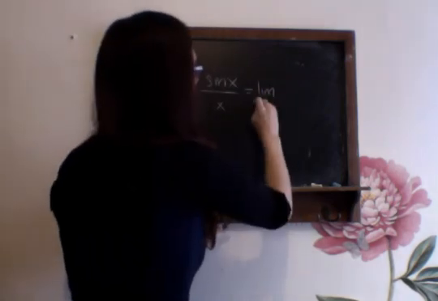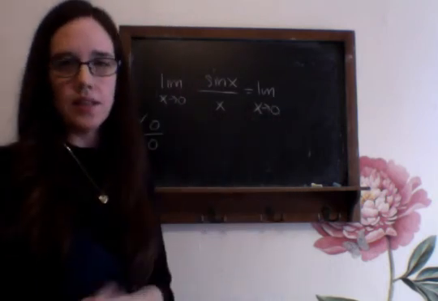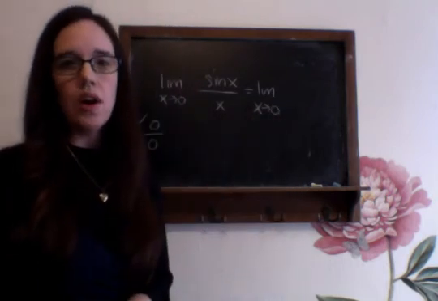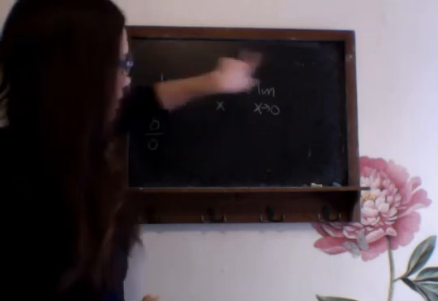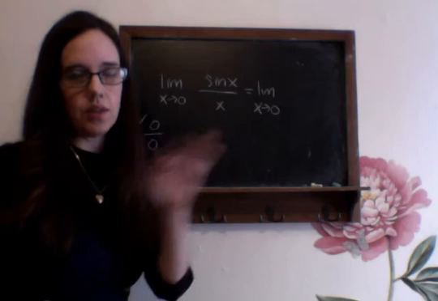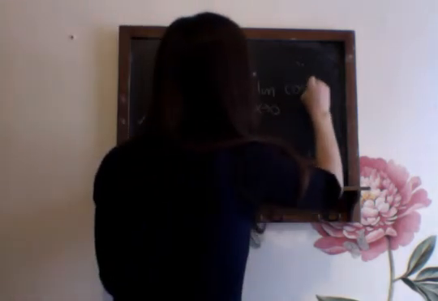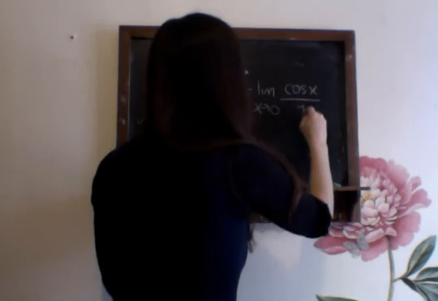Okay, so now take the derivatives. I just want to mention that this has nothing to do with the quotient rule, because I'm not taking the derivative of this entire expression. I'm just taking the derivative of the numerator and the derivative of the denominator. Derivative of the numerator, cosine x. Derivative of the denominator, 1.